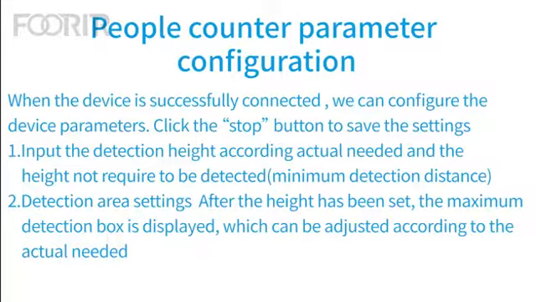Input the detection height according to actual needs; the height not required to be detected is called the minimum detection distance. Detection area settings. After the height has been set, the maximum detection box is displayed, which can be adjusted according to actual needs.